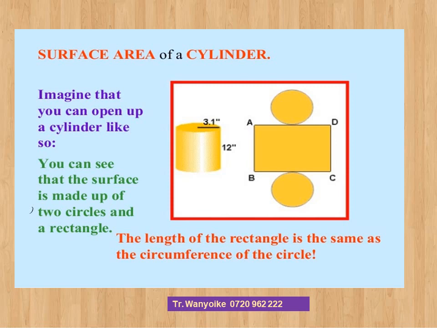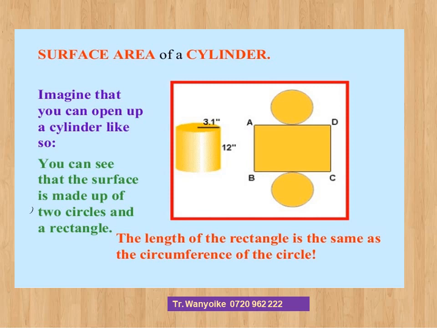And it has the shape as shown in this diagram. If you can imagine that you can open up that cylindrical tin, then it will give us a rectangle and 2 identical circles.